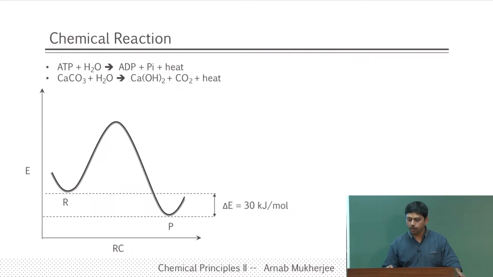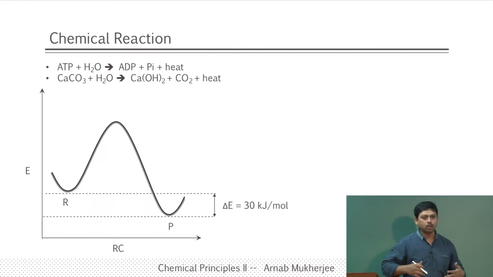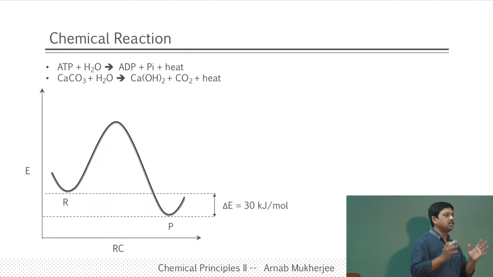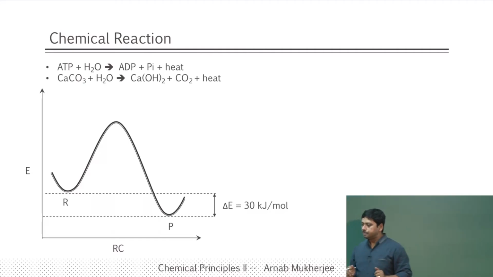So, now we are giving two more examples. We have talked about ATP before as a molecular motor. What ATP does is that it uses water and gets converted to ADP, and the energy that is stored in its bond is released as heat or some other energy, or when a molecular motor like kinesin uses that, it uses that energy to do work.